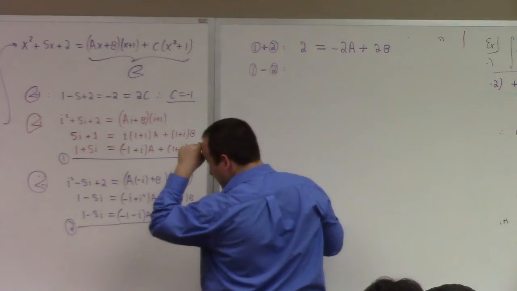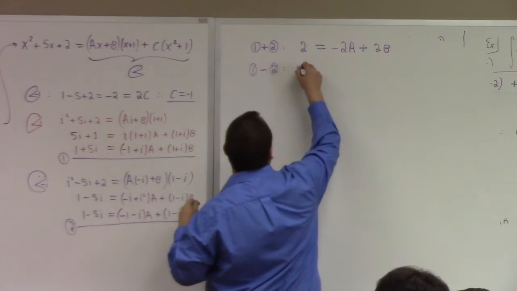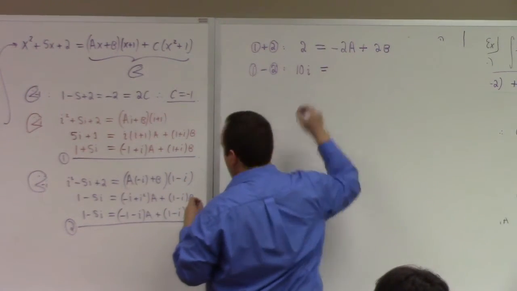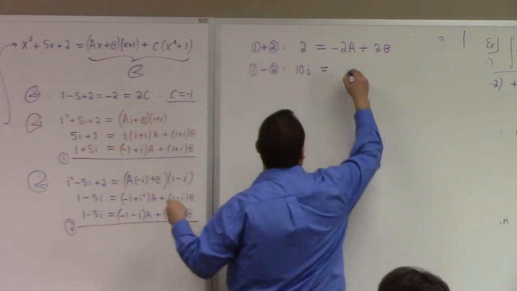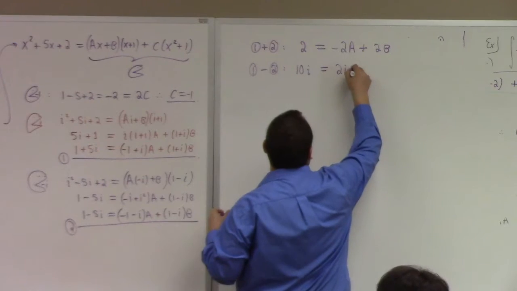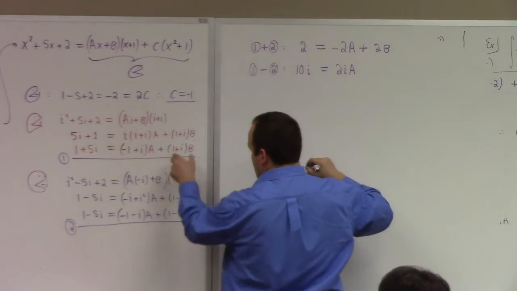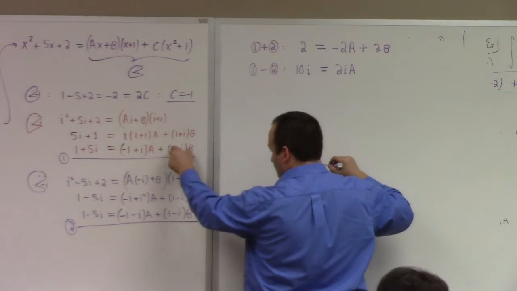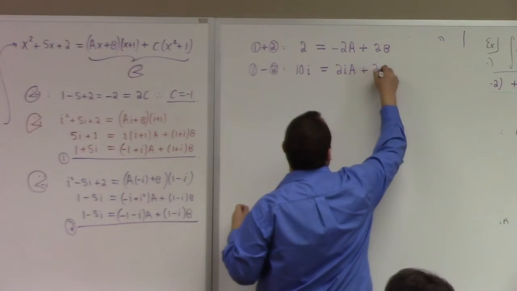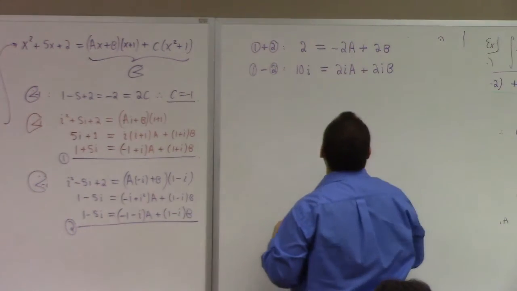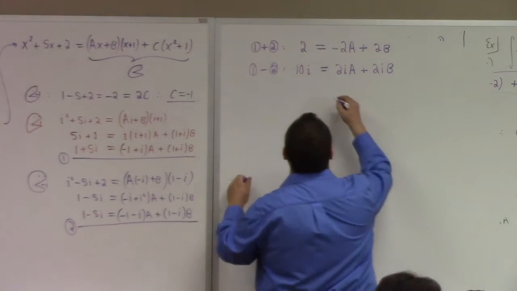All right, 1 minus 2 gives you what? There we get 10i. And if I subtract these, 2ia. Subtracting these, the 1's cancel, but we get 2ib. Of course, we can cancel out the i.